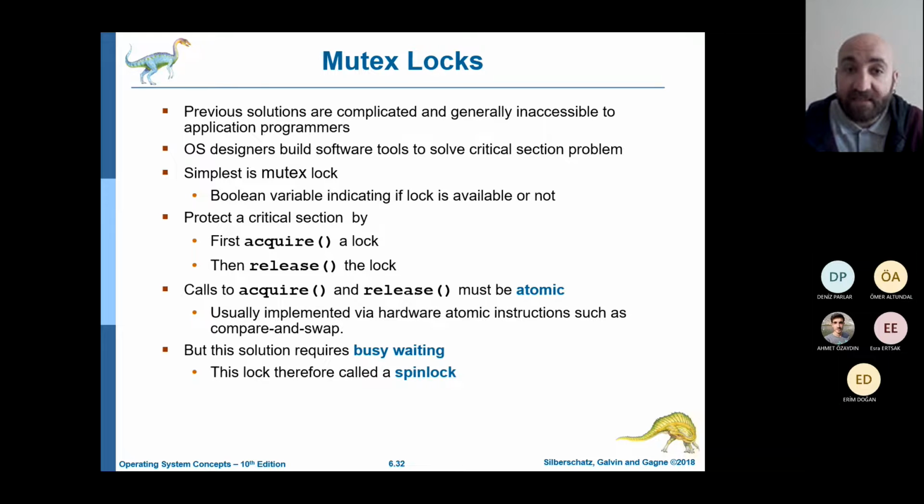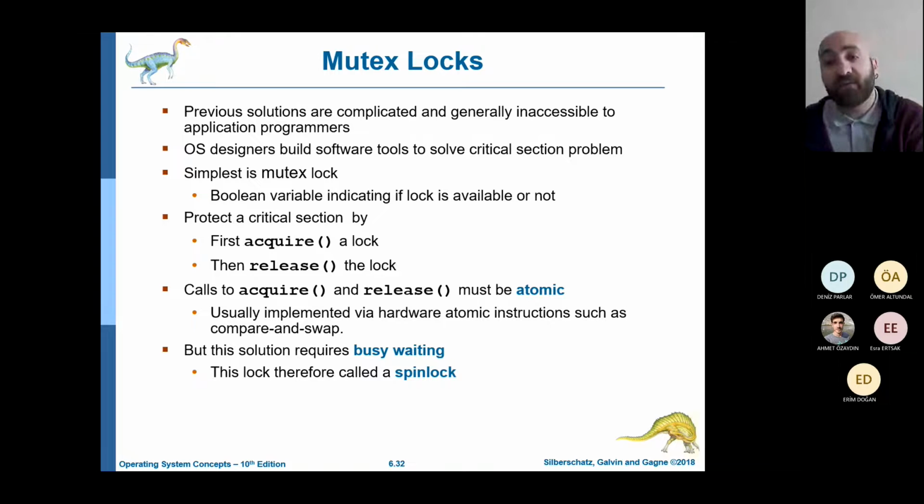The mutex lock actually has a Boolean variable available whose value indicates if the lock is available or not. We have a lock which is a Boolean variable, so based on the value of that, we can easily understand if the lock is available or not. If the lock is available, we can acquire the lock. If I can acquire the lock, I can enter my critical section.